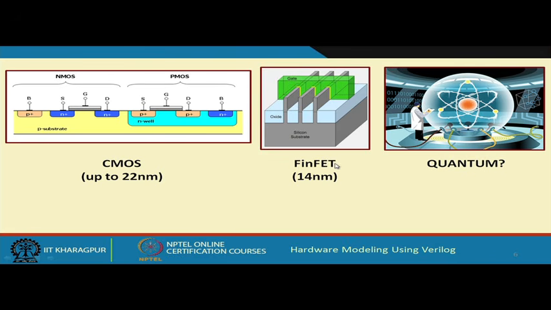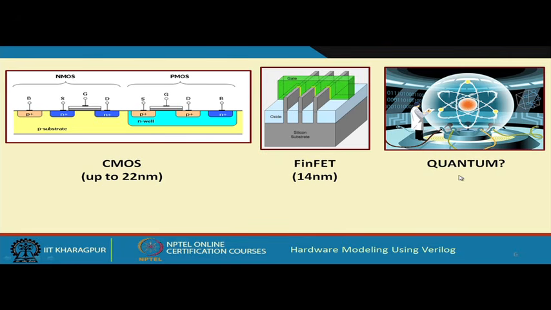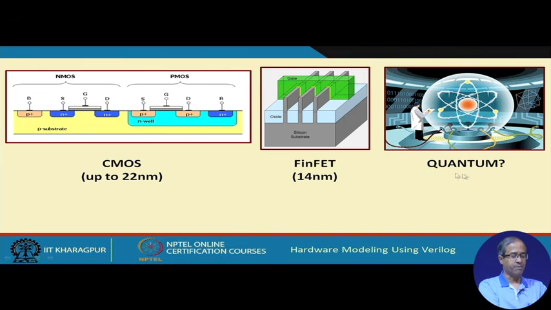So, today in the FinFET state of the technology, you can go down to 14 nanometer, and many of the modern chips that are coming in the market are actually manufactured using this FinFET technology. Okay. And the picture which is shown on the right, this is of course futuristic, this we do not have today. Tomorrow quantum computer may come, so you may be having a new technology, the quantum technology.